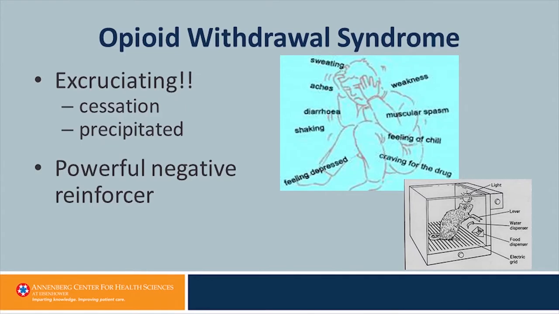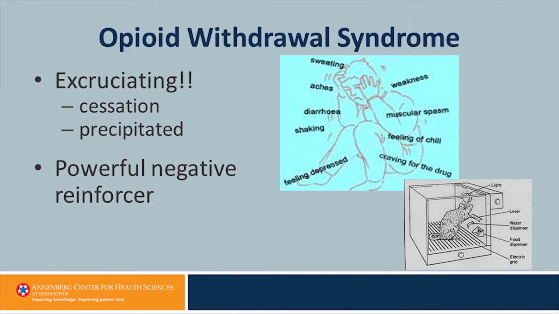Withdrawal is not a positive reinforcer, but it's what's called a negative reinforcer. So if you look at the bottom of this slide at this rat that's in a cage, and it's standing on an electrified grid, and if I turn on the electrified grid, and I know it's very cruel, but they do studies like this, and we drop the rat in it, it will sort of dance around like it has a hot foot until it, by accident, hits the lever, and then the electricity turns off.